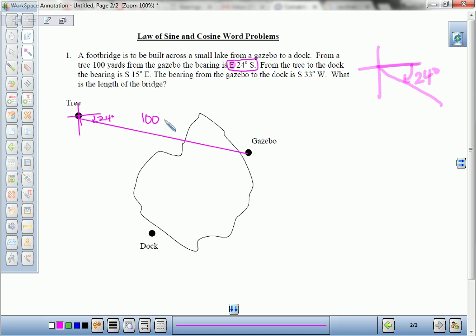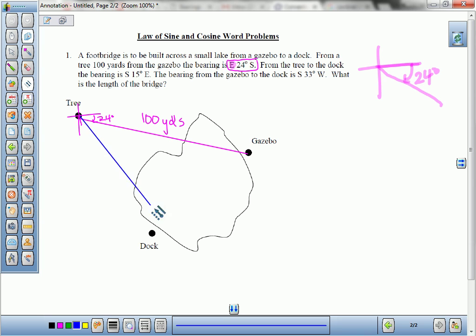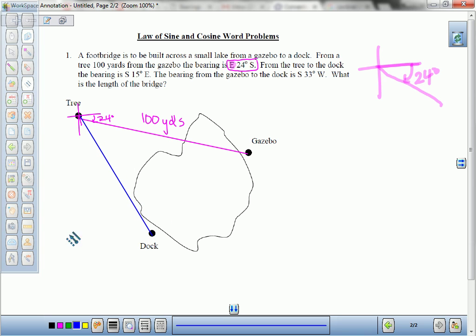We know this is 100 yards. Okay, the second one, from the tree to the dock, is a bearing of 15 degrees east of south. So from the tree to the dock. All right, let's change it up here. Tree to the dock. All right, and what we have this time is east of south. So this is 15 degrees east of south. Okay?